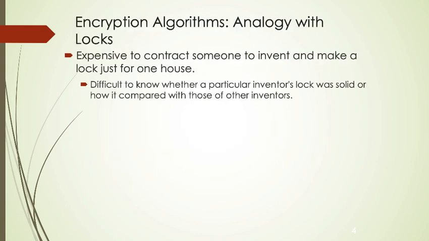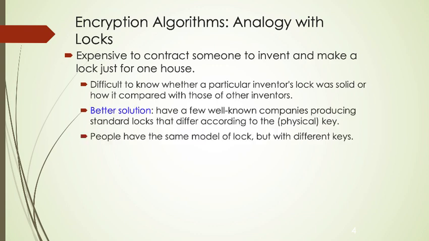Now, encryption algorithms can be compared to physical locks. It would be really expensive for you to have someone invent and make a lock just for your house. Also, you would not know whether this inventor's lock was really good, or how it compared with other locks.